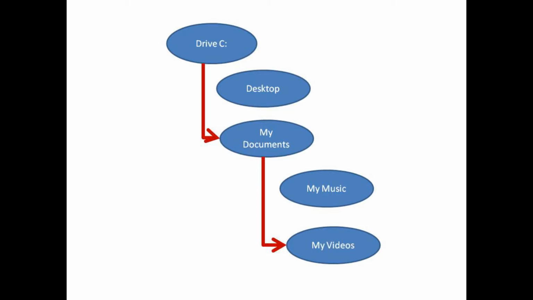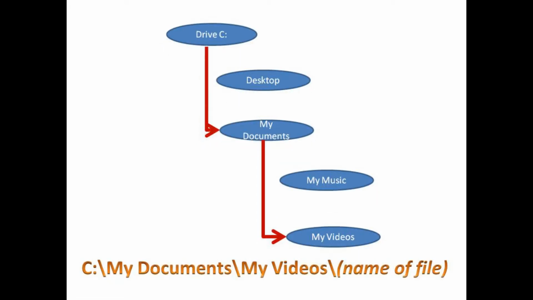So we have a subdirectory of My Music to My Documents as the root. So My Documents is the root, My Music is a subdirectory, and My Videos is a subdirectory also connected to My Documents.